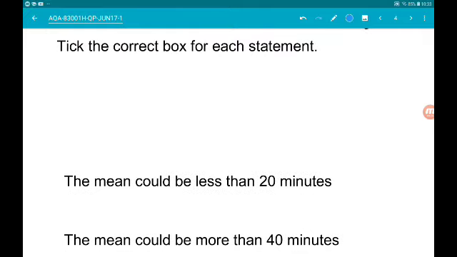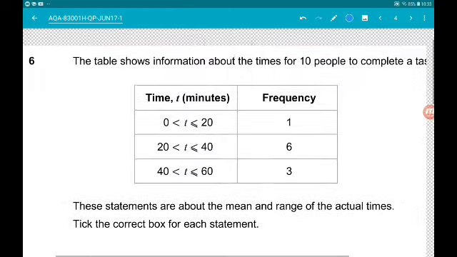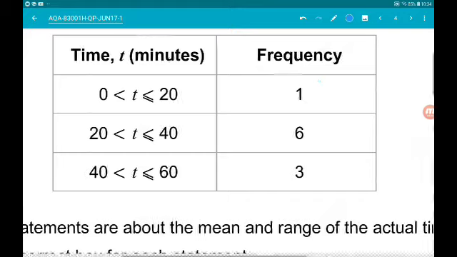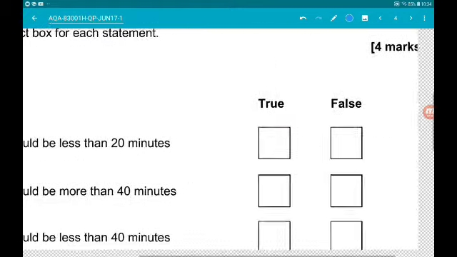The mean could be less than 20 minutes. Well, there's only one person that took between 0 and 20 minutes. There are 9 people that took more than 20 minutes. So there is no way that the mean could be less than 20 minutes. So that one's false.